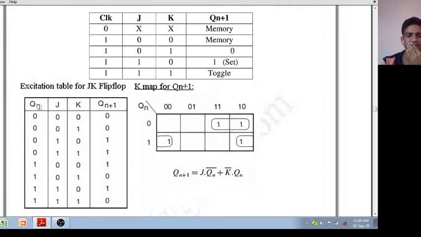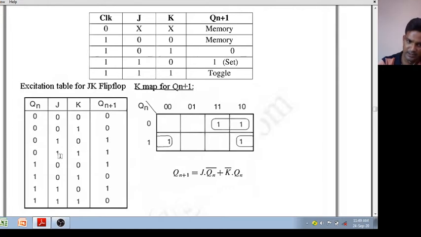There are Qn, j and k. 0 0, no change. So just like j equal to s and k equal to r. 0 0, so it is 0, so we are getting 0. 0 1 is called reset condition, so it is always equal to 0. 1 0 is called set condition, so it is 1.